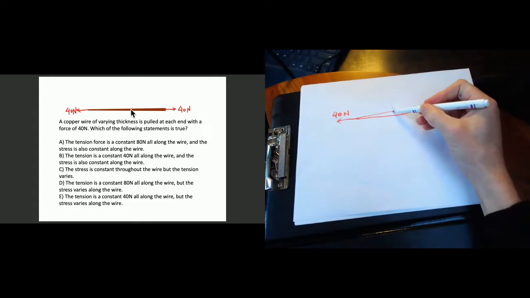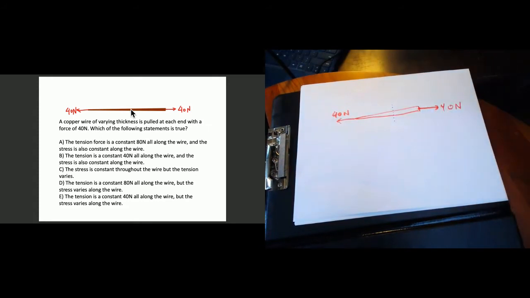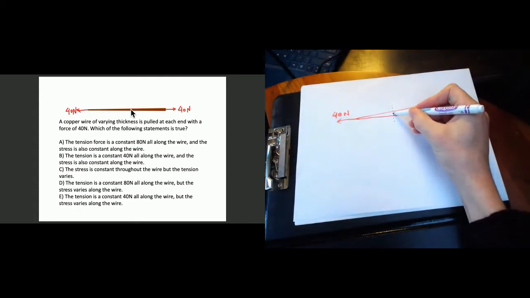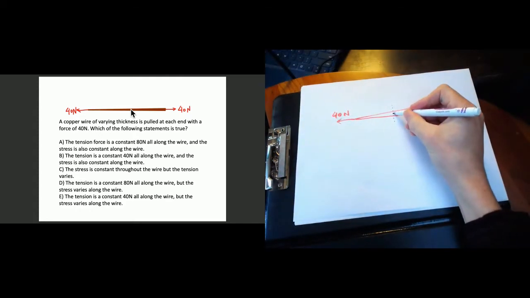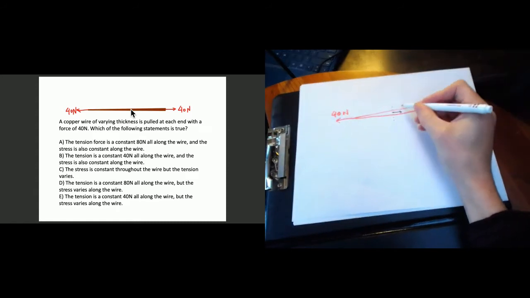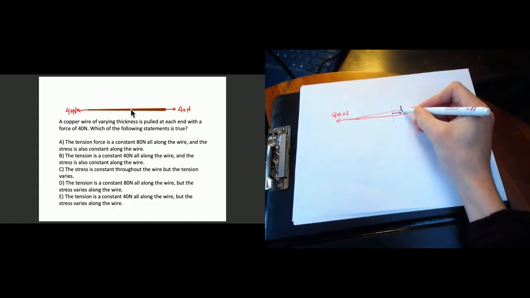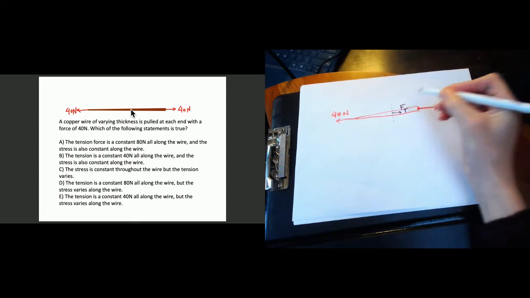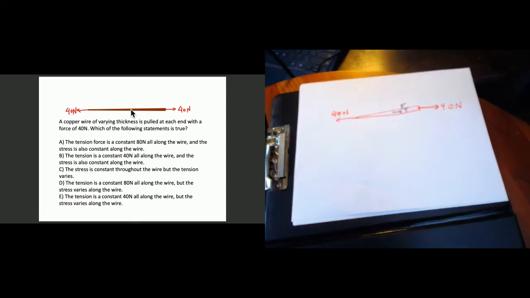So let's think about dividing the wire at some arbitrary point along the wire. And the tension force was the force with which the right part of the wire is pulling on the left part of the wire. So I'll call that F tension.